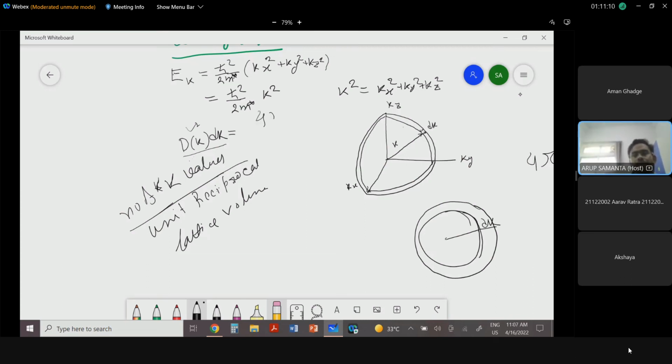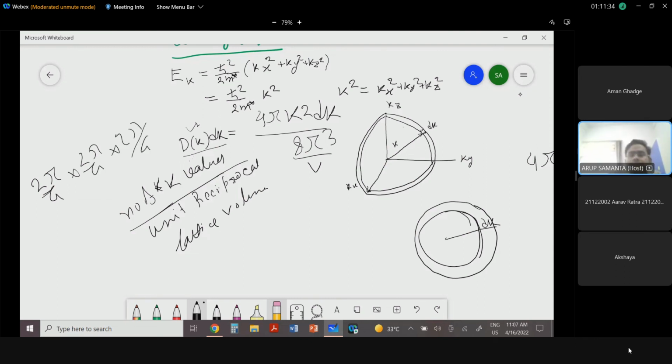So 4 pi k square dk is the volume of this k part. The total reciprocal lattice volume is 8 pi cube by V. You know that it is 2 pi by a into 2 pi by a into 2 pi by a. This is the reciprocal lattice volume. So 8 pi cube divided by a cube, so V, the volume. This is the definition of your dk.